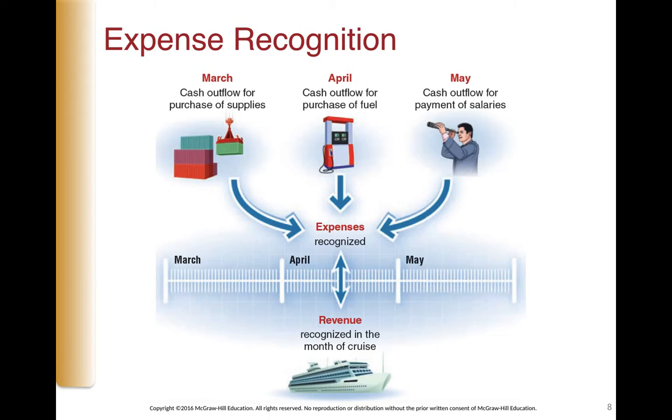But if the timing works out that, okay, we went on the cruise in mid-April, but we don't actually cut a check for employee salaries until May, I want to accrue those expenses in April to match with my revenue instead of in May, because when I look back at my financial statements monthly, I might say, why do I have so much revenue in April, but low expense, but high expense in May, and not as much revenue? So we want to match those expenses with the revenues.